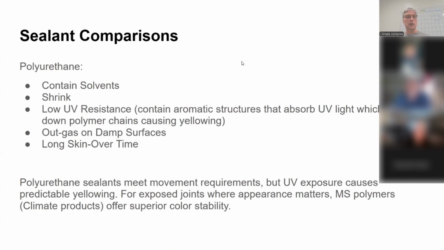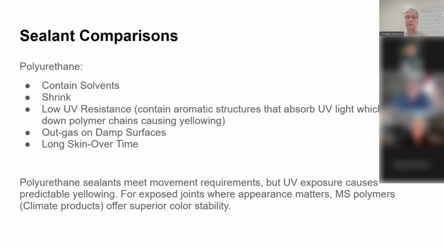So, sealant comparisons, again. And some of this stuff I'm going to go over a few times, so we try to hammer some of it home. So sealant comparisons, your polyurethanes, like I said, contain solvents, so they shrink. They have the low UV resistance. So I did a little homework on the low UV resistance.